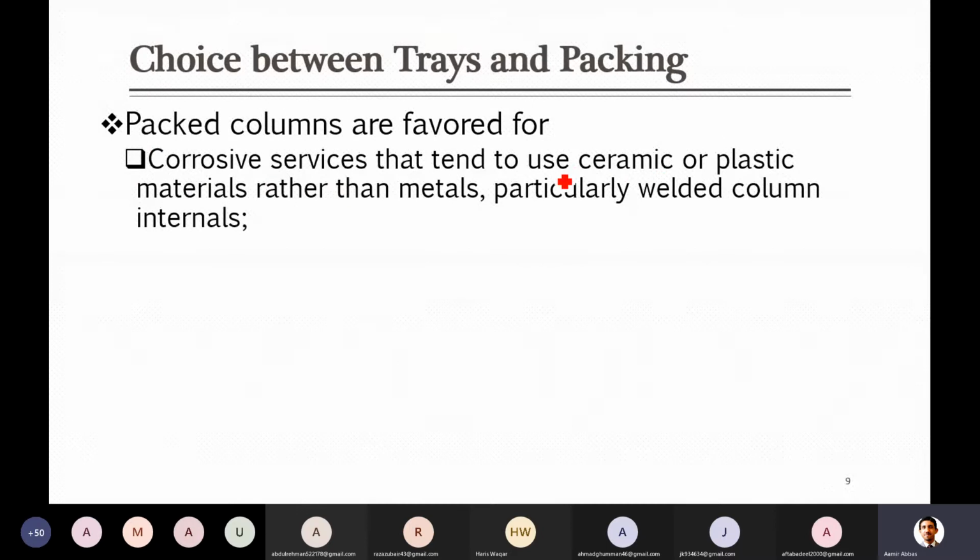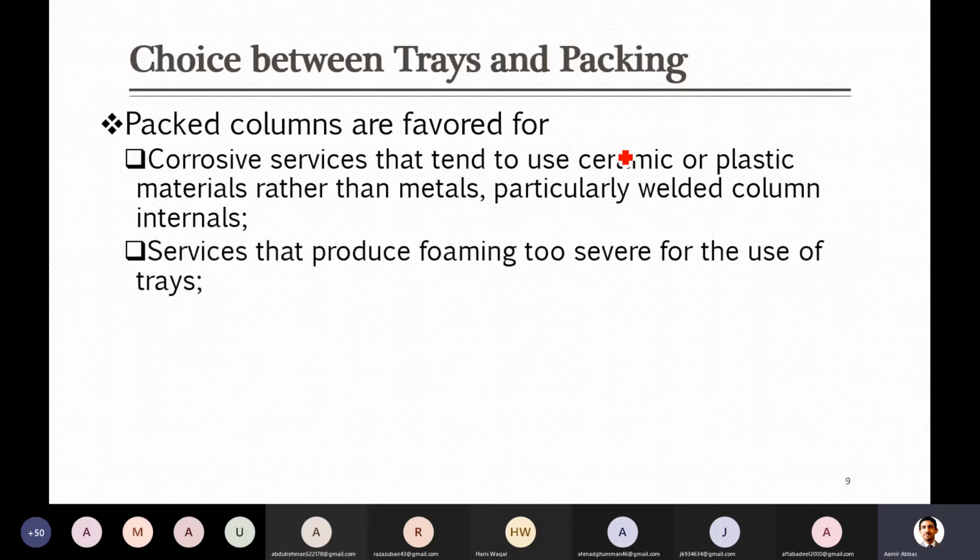Instead of metal, ceramic or plastic will be used, and you have seen that plastic provides less wettability, but at the same time it is cheap, and ceramic provides better wettability as well as better efficiency, in terms of wettability and strength, but it is more expensive compared to plastic.